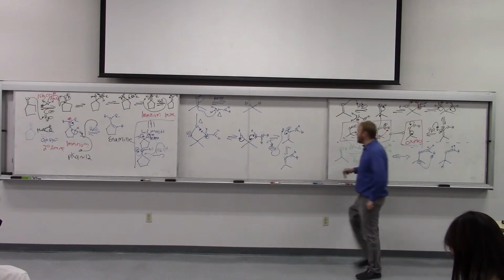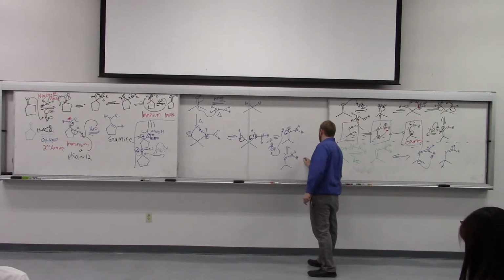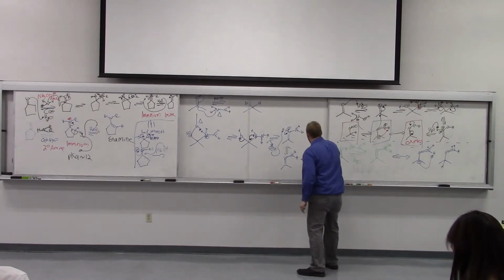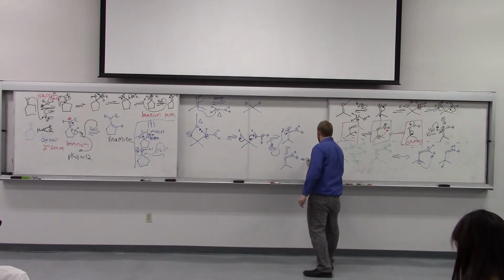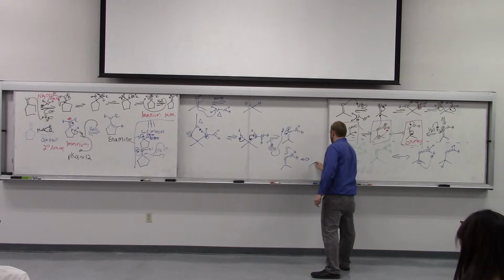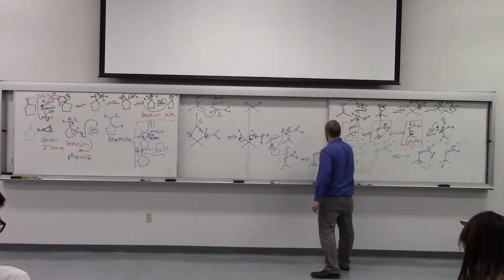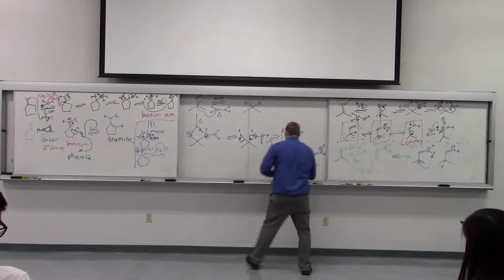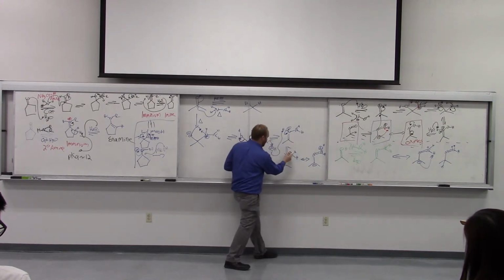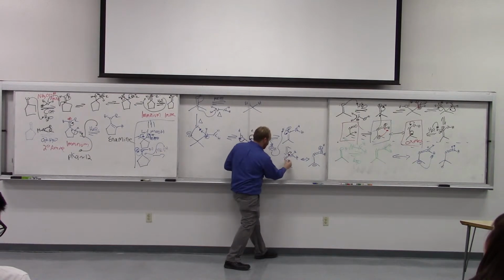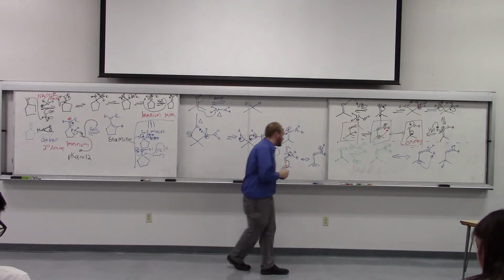So let's first draw the resonance structure. Let me make the arrow a little bit smaller so I have room to draw it. So these electrons kick in to form a nitrogen-nitrogen double bond, and then those electrons kick in to give us a carbon minus charge.